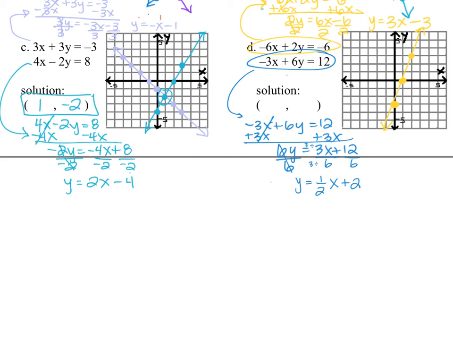So he starts at positive 2, and our slope is up 1, right 2. Up 1, right 2, down 1, right 2, down 1, right 2. So there is your line, and I missed, but that's okay because we're just looking for the cross right there. 1, 2, 2, 3. So 2, 3.